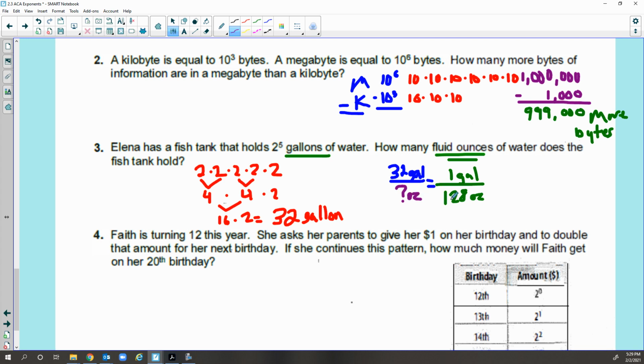Well, friendos, we've got some math ahead of us. 1 times 32 for that scale factor will get us to 32. So you figured it out. We're going to take 128 ounces times 32 to make our equivalent fraction.